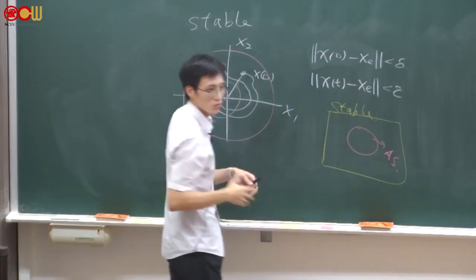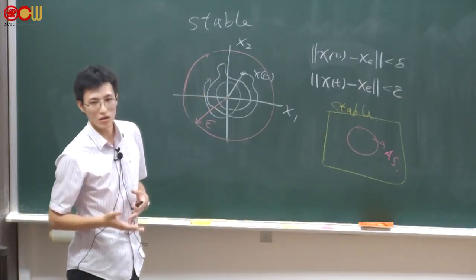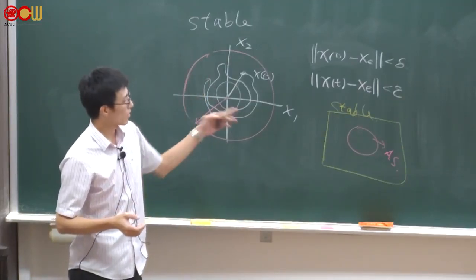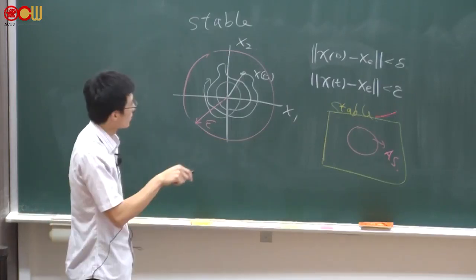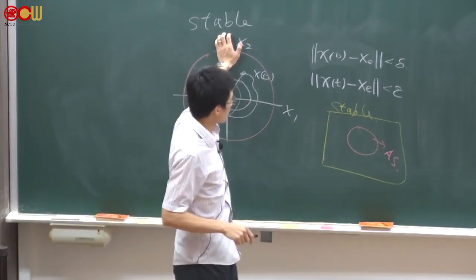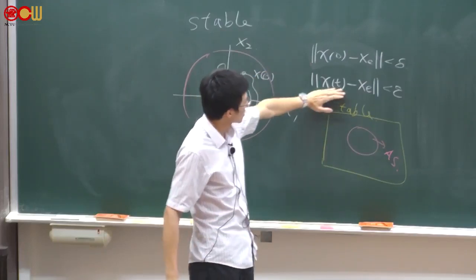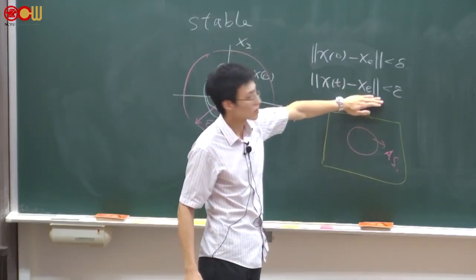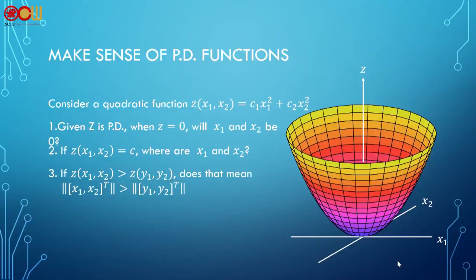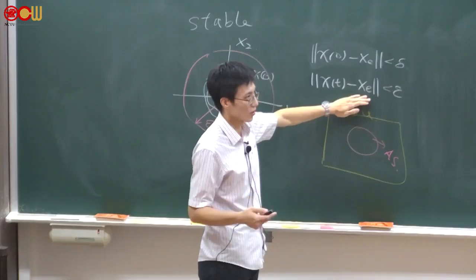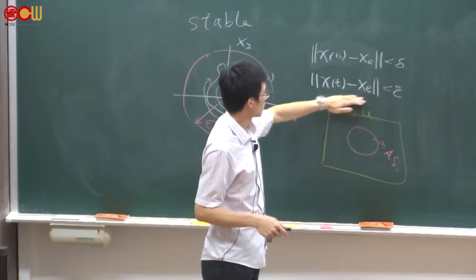Asymptotically stable is definitely stable, but stable doesn't mean it will be asymptotically stable, because it has to converge to zero. When we define stable, we discuss the norm of your states, not the Lyapunov functions or the Z functions, because that is virtual. What we care about is physically the distance of the state to the origin.